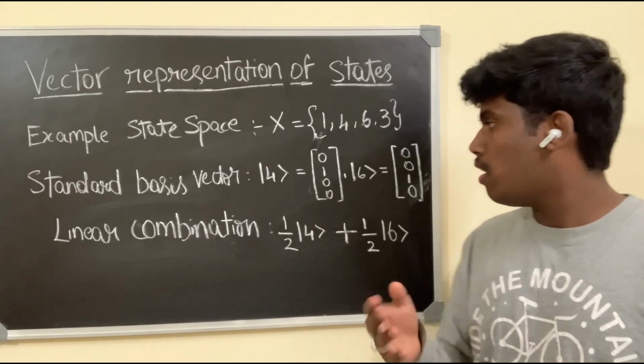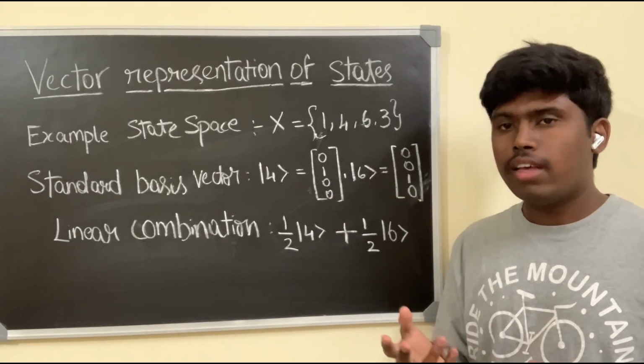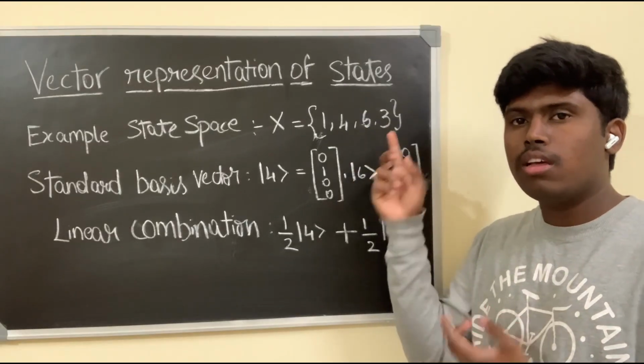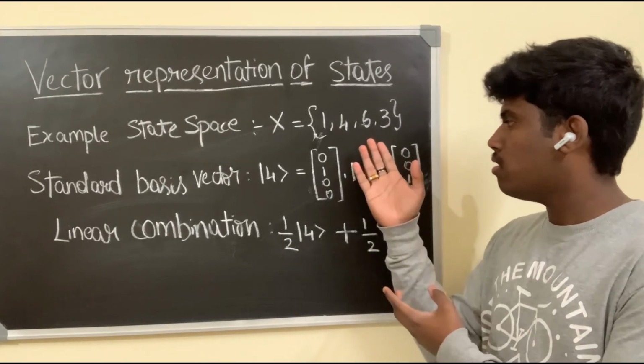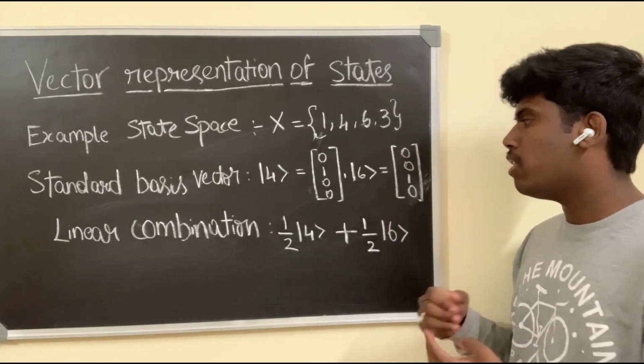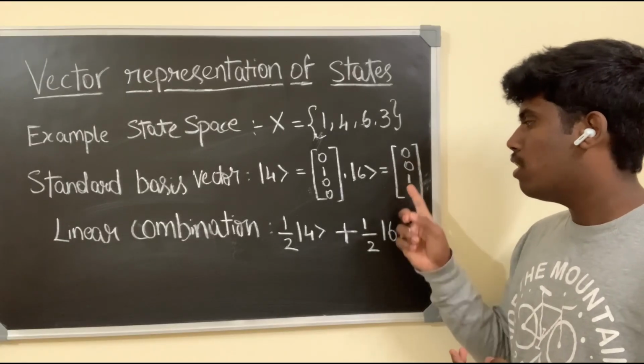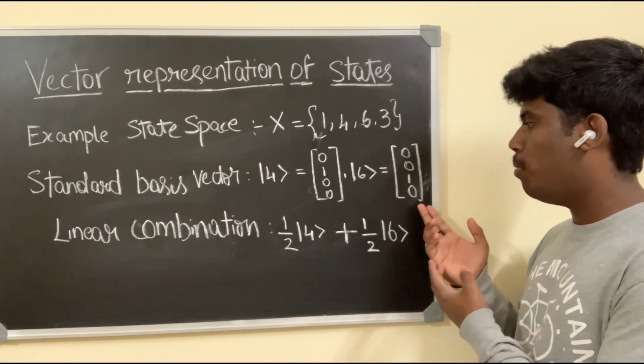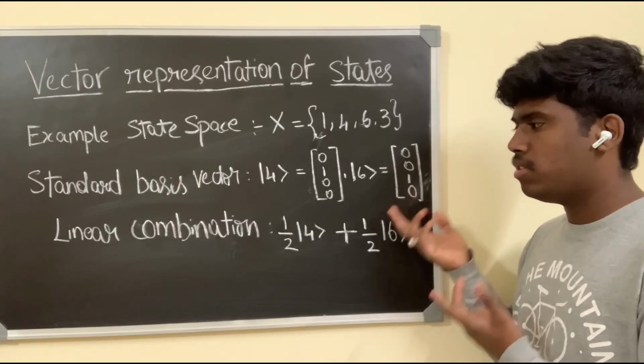Similarly, if we take ket 6 as another example, ket 6 is in the third position in the state space. So when we translate that into a basis vector, the third entry of the vector would be 1 and the rest would be 0.